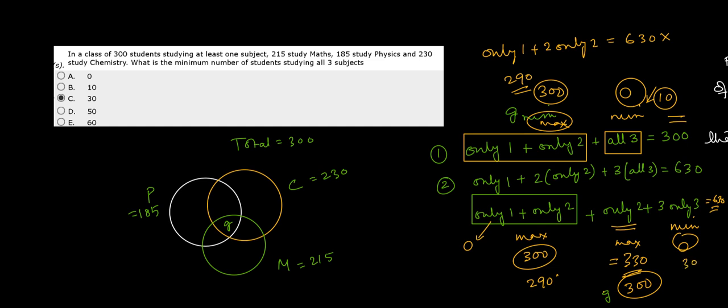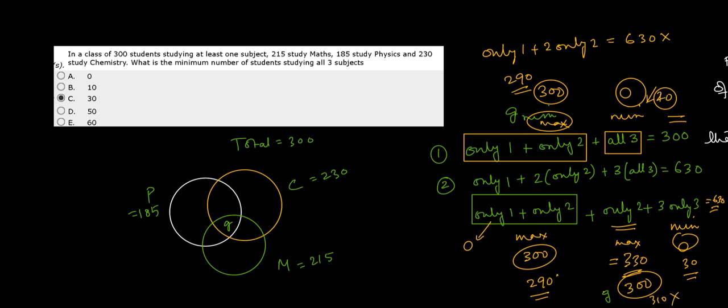All 3 becomes 30. So that is 320, and I'm left with 310. So only 2 is becoming 310. So that is not feasible. So I'll increase it a little bit more.